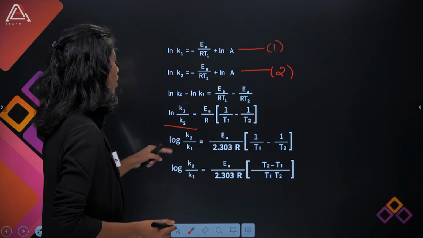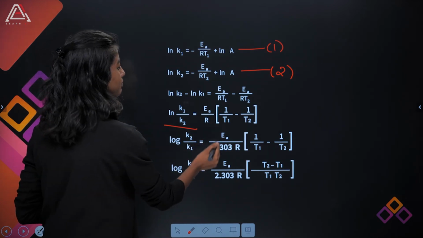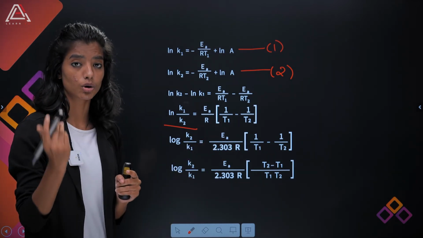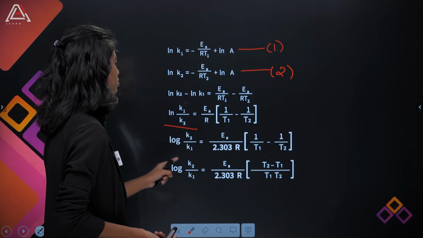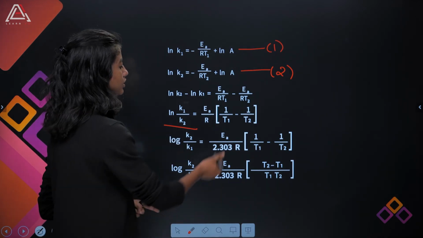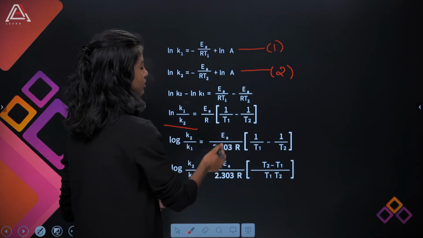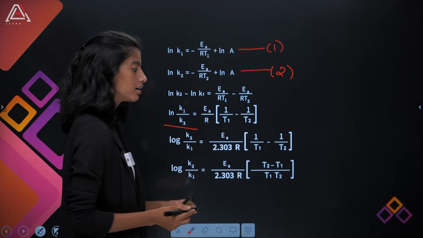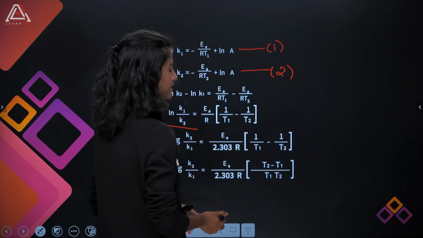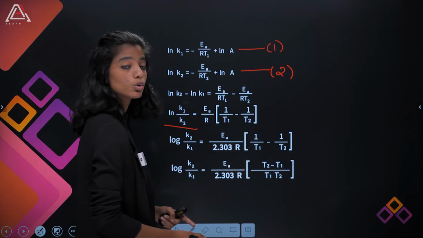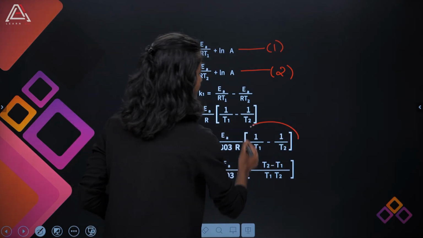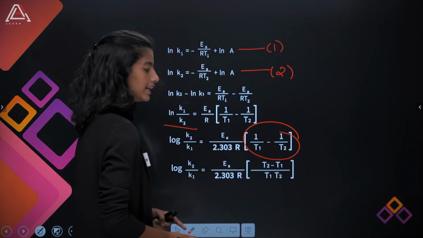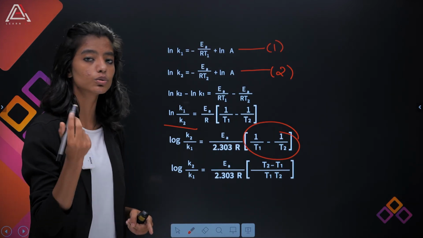Now let's take the logarithm of this equation by multiplying it with 2.303. Now log k2 divided by k1 will be equal to Ea divided by 2.303 into R into 1 divided by T1 minus 1 divided by T2. By cross multiplying this, we'll get T2 minus T1 divided by T1 into T2.